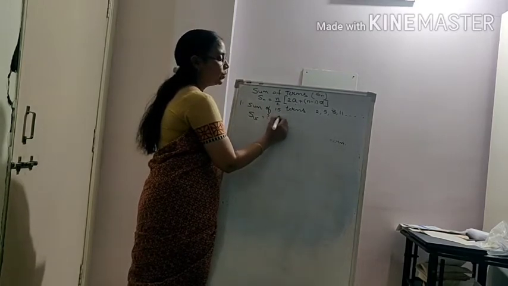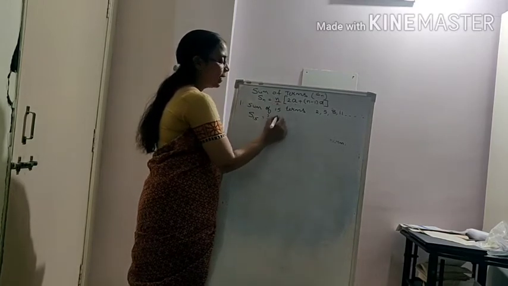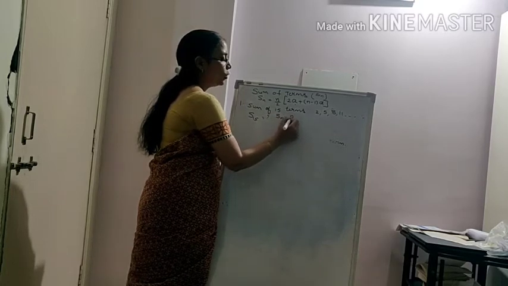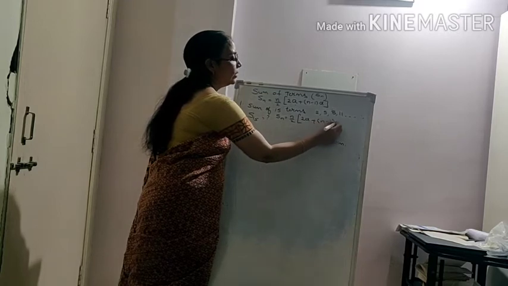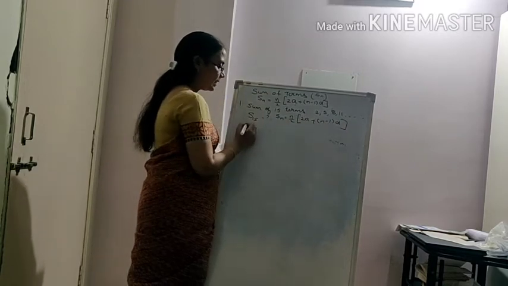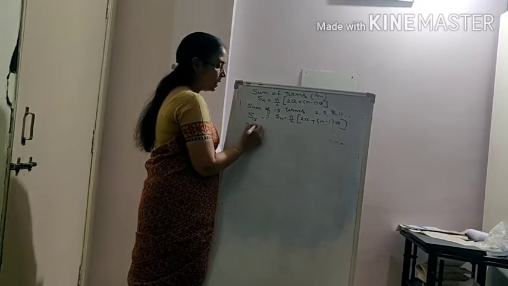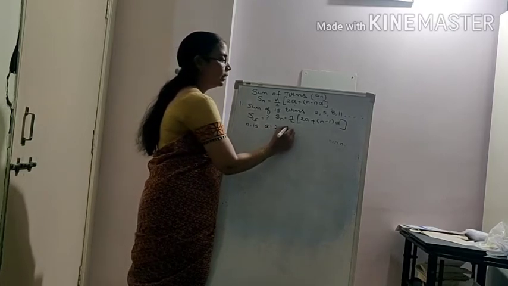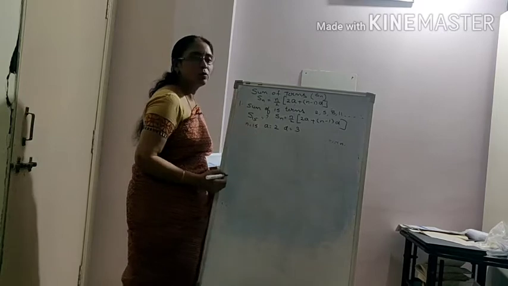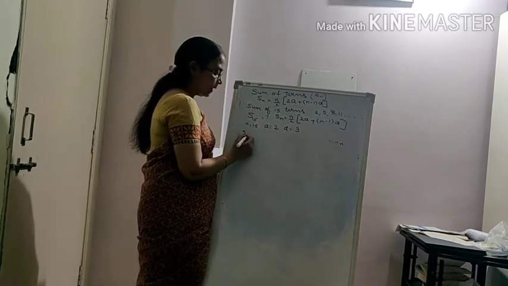What are the terms we are given? This is the formula: Sn is equal to n by 2 into 2a plus n minus 1 into d. He is asking for 15 terms, so n is equal to 15, a is equal to 2, d is 5 minus 2, which is 3. Let us put it in the formula.